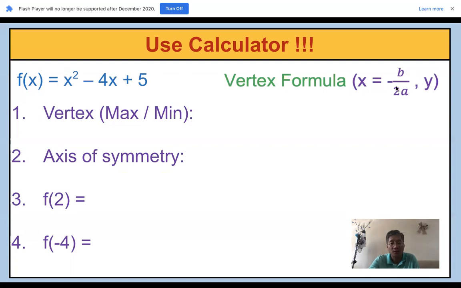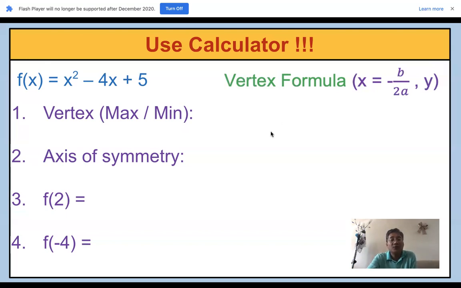So 2 times 1. So 4 over 2 is the x value, you will get 2. Then you plug 2 in here: 2 squared minus 4 times 2 plus 5. So 4 minus 8 plus 5 will be 1. Am I correct?